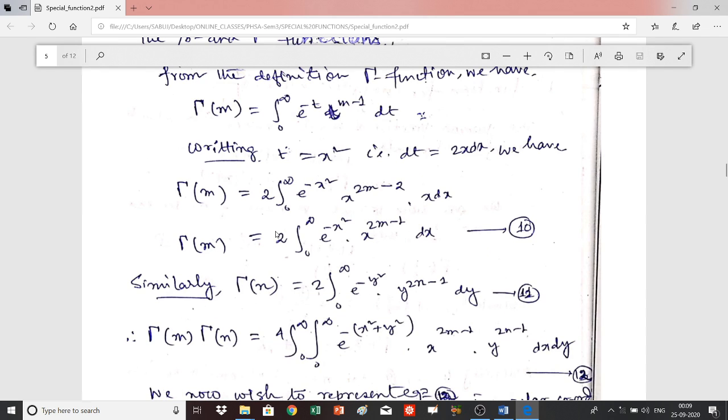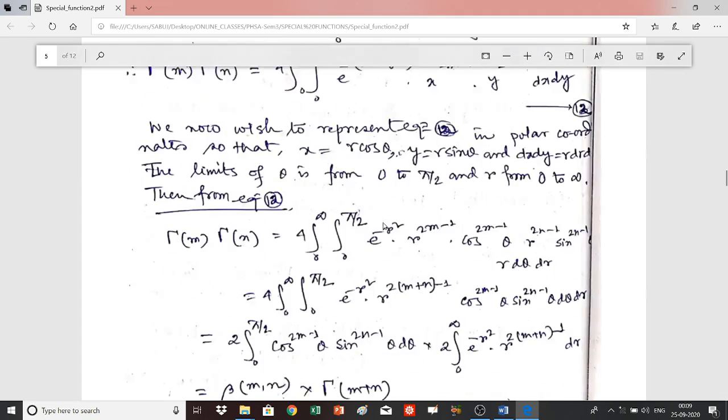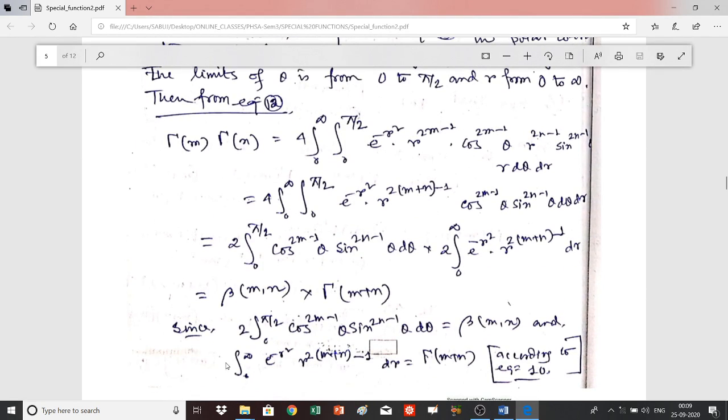So just replace x by r, and here it is 2 times (m plus n) minus 1. So m is replaced by m plus n. There will be a 2, so 2 times the integral from 0 to infinity of e to the minus r squared, r to the power 2 times (m plus n) minus 1 dr, in accordance with equation number 10.